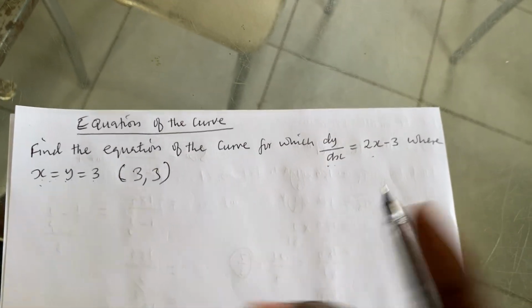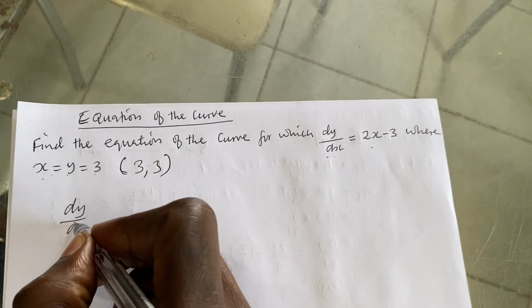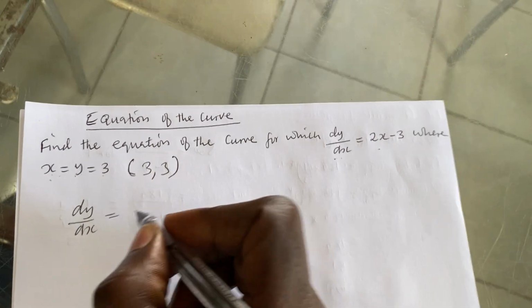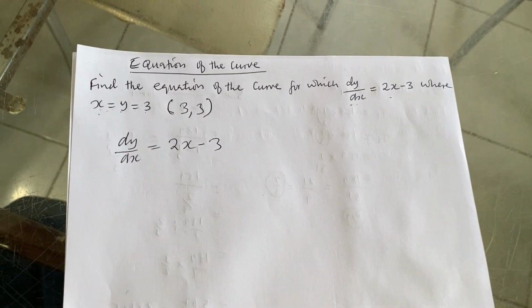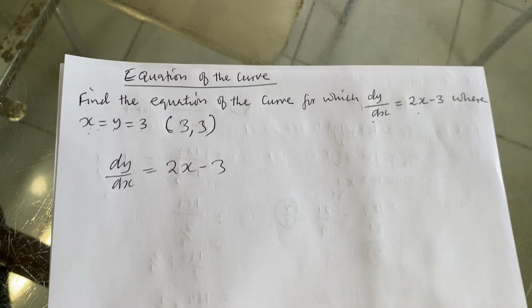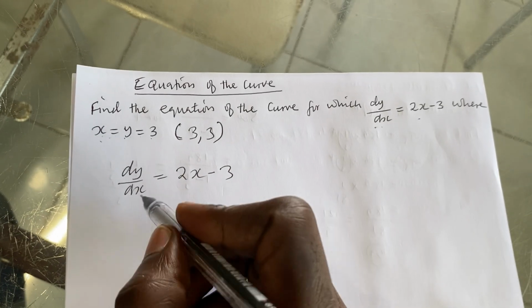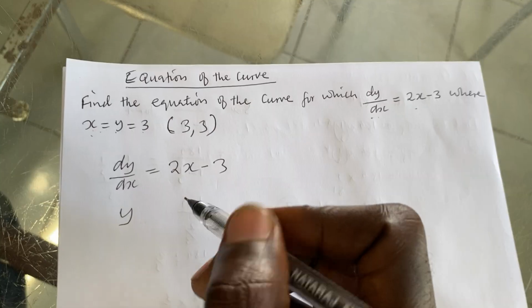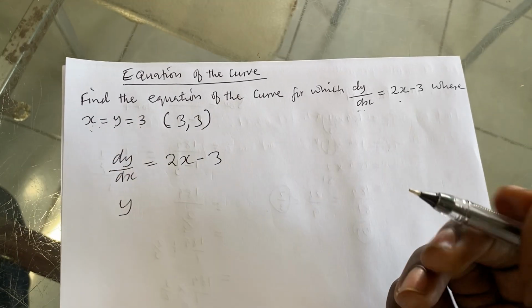Or if you have been given the function, you can still find the dy dx, just the opposite. Since we have been given the dy dx of this function, which is 2x minus 3, how do we get back to the original equation? That becomes y, so we are going to integrate this function. How do we integrate?